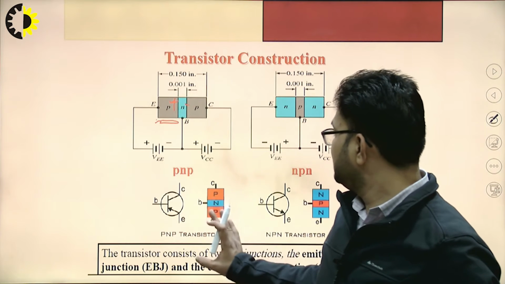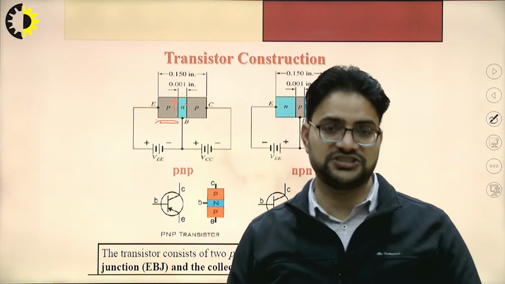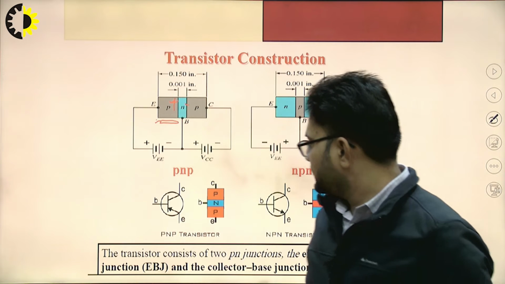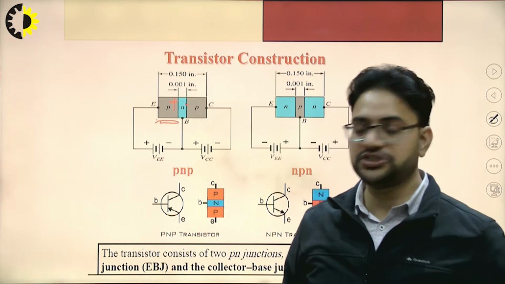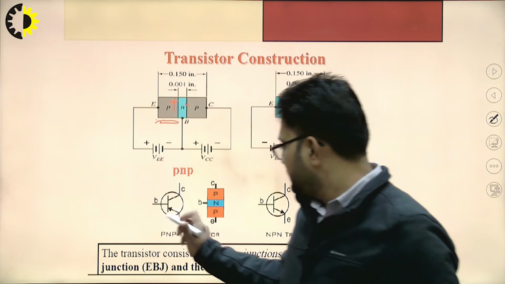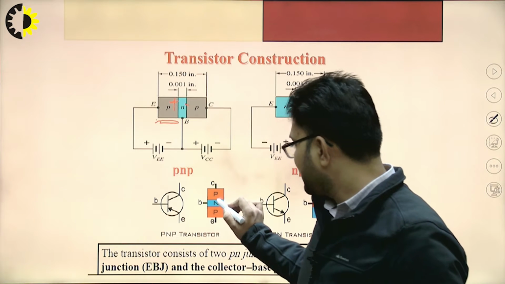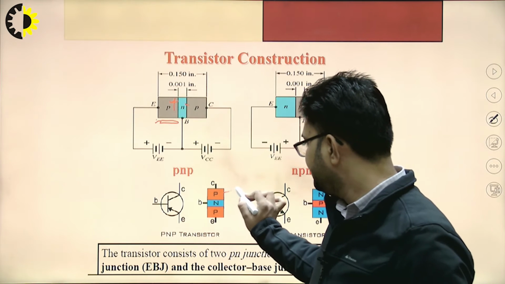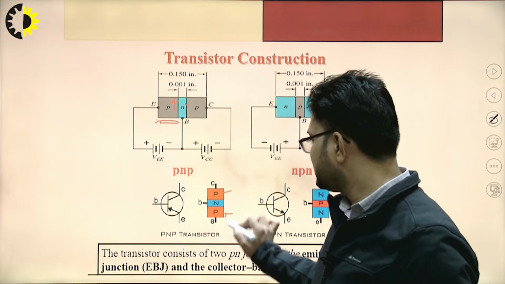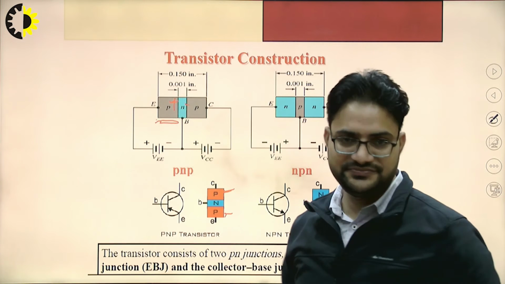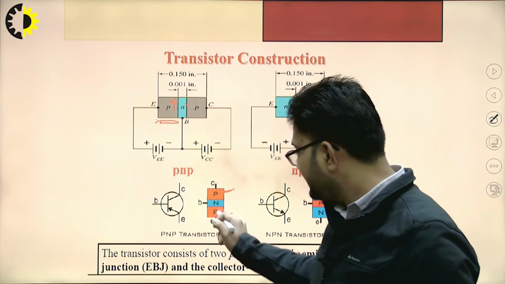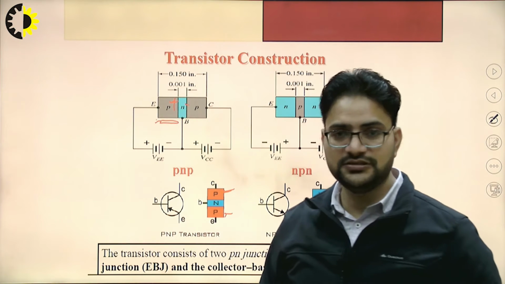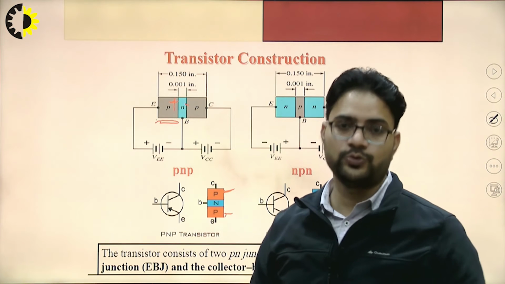So this is basically the construction of the transistor, right? Now the symbol representation. If I consider this as a PNP transistor, this is the emitter side, this one is the collector side, and this one is the base side. In the symbol, the emitter side will have the arrow.